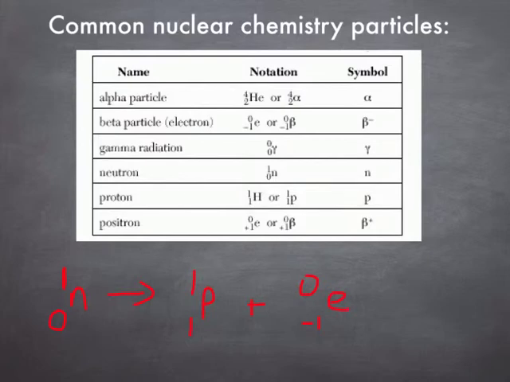This happens quite frequently. A neutron spontaneously changes into a proton and electron during a reaction, and the proton gets added into the nucleus, whereas the electron is released, and you see a change.